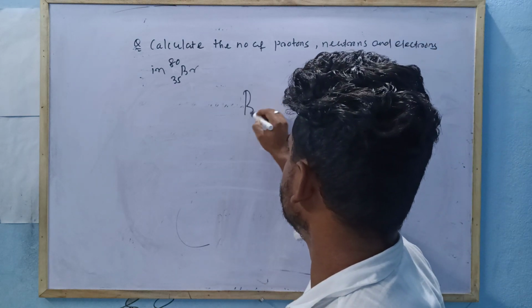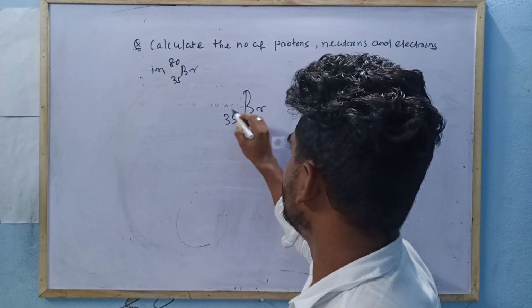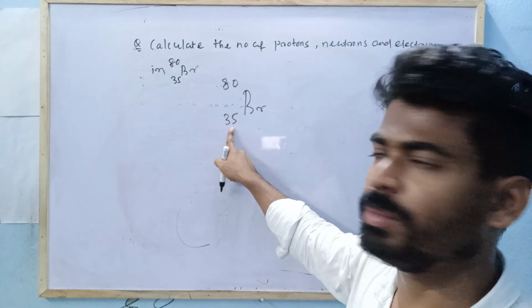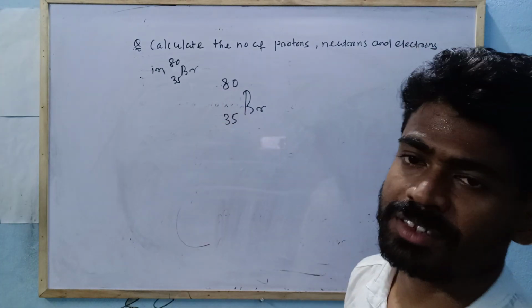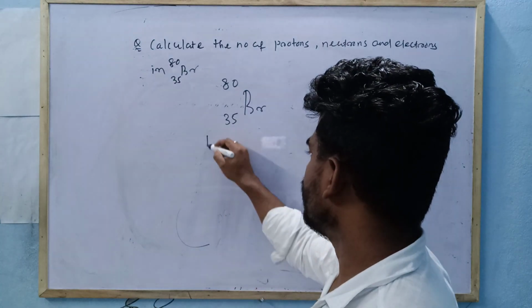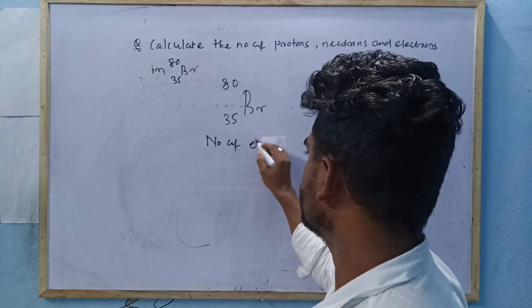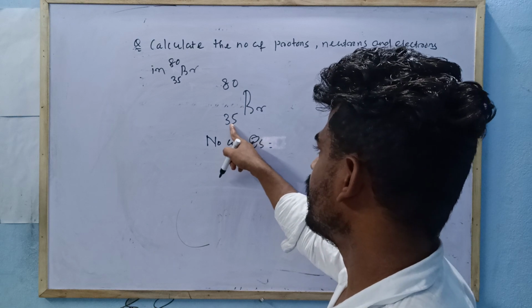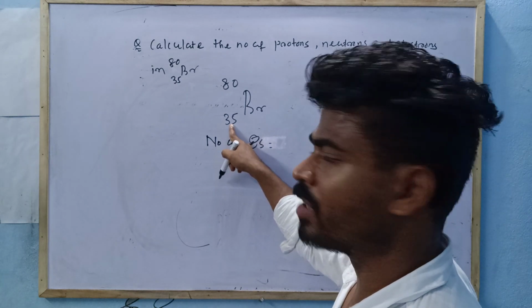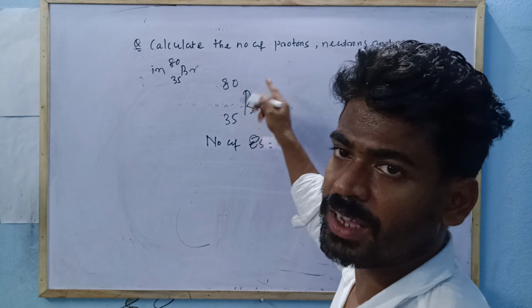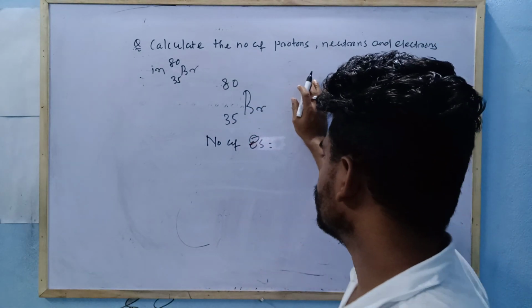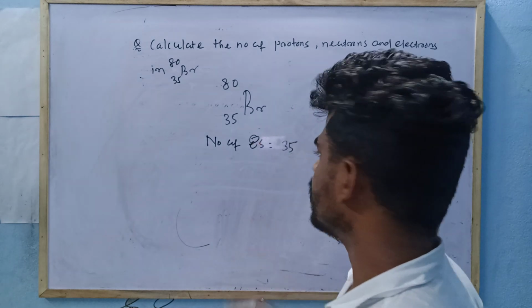So you see, it is very easy, child's play. This 35 is its atomic number and this 80 is its mass number. First, the number of electrons, tell me, is equal to its atomic number, because it is not a charged species. There is no minus or plus charge mentioned in this. This one is a completely neutral species. So the number of electrons is equal to its atomic number, that is 35.